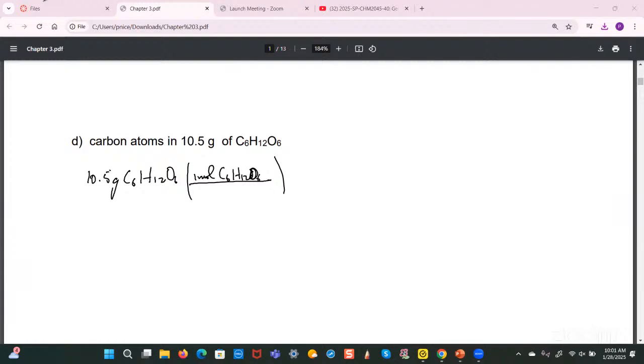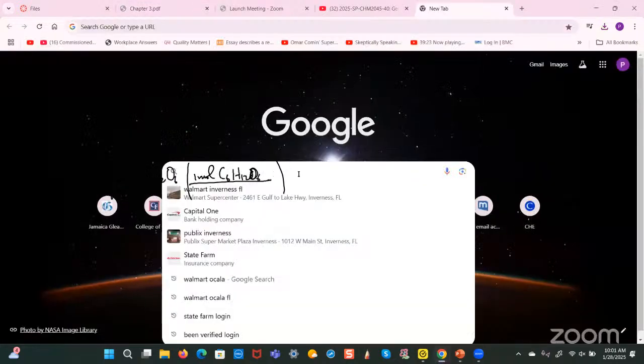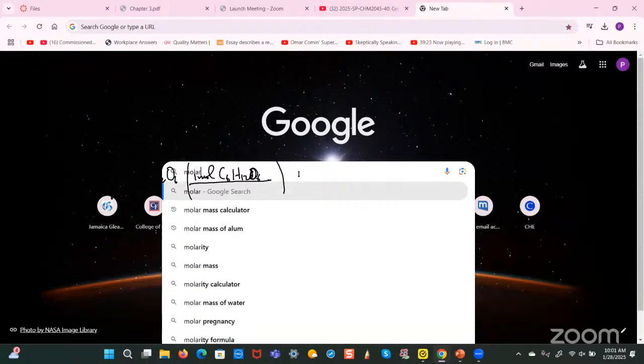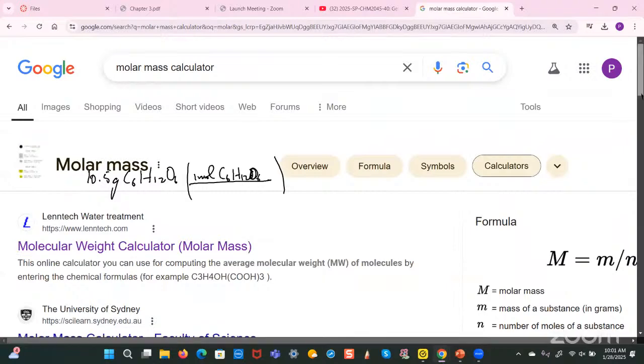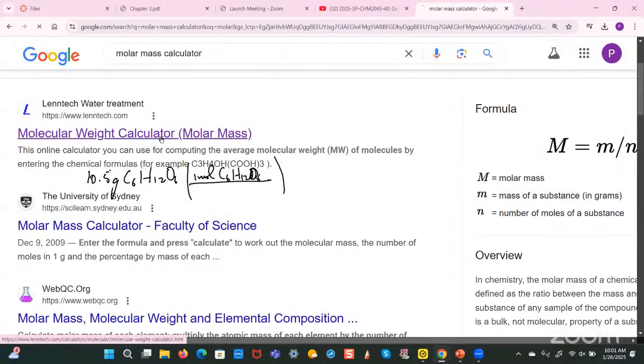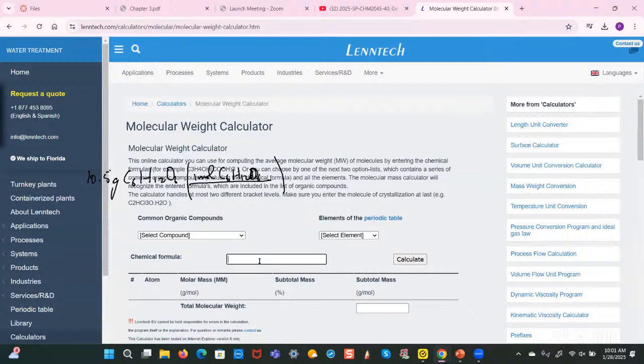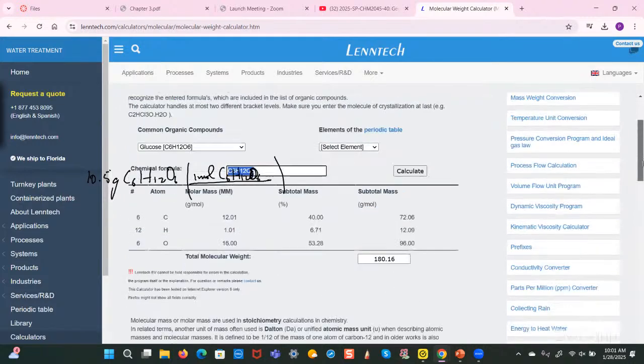So since I'm lazy, C6H12O6. But according to this it is 180.16.